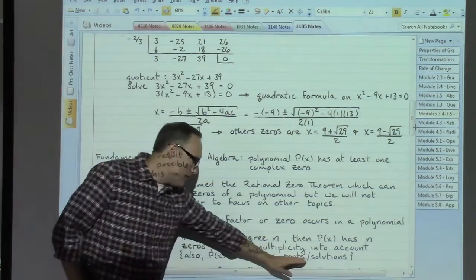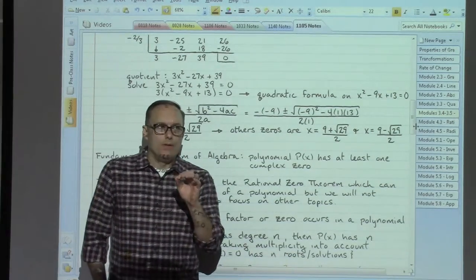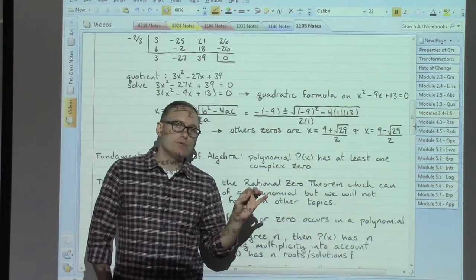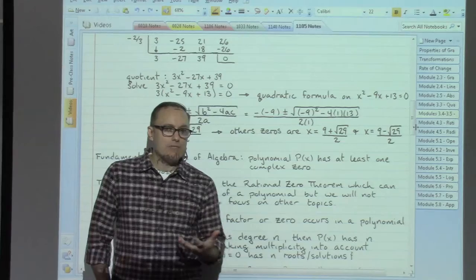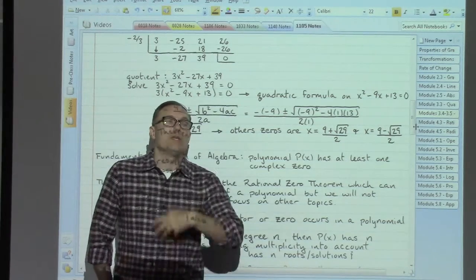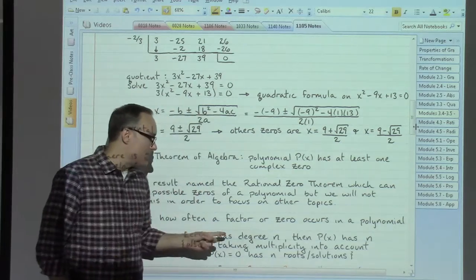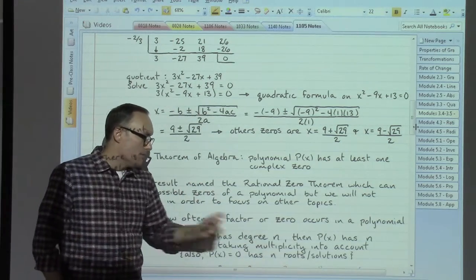So taking into account the multiplicity, you might say unique zeros, where we don't mention any repetitions, versus just zeros, where we are interested in repetitions, we are interested in multiplicity.